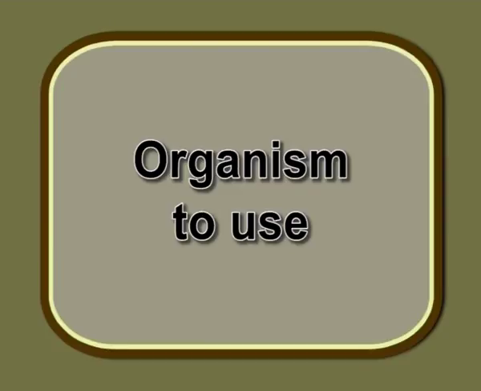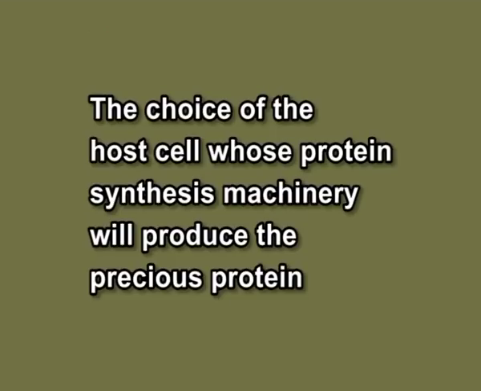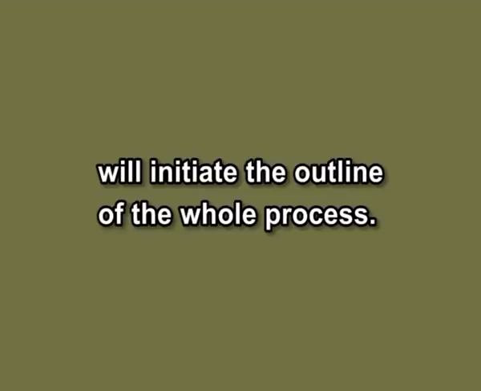Let's see how the organisms are used. The choice of the host cell whose protein synthesis machinery will produce the precious protein will initiate the outline of the whole process. It defines the technology needed for the project, be it a variety of molecular tools, equipment, or reagents.